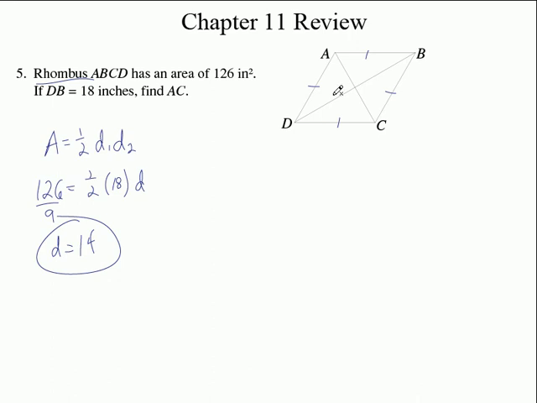It's 1/2 the product of the diagonals as well. Now, a rhombus is still a parallelogram, so you could still go base times height. The only problem with this is I didn't know the base and the height. So if you don't know the base and the height, hopefully they give you something about the diagonals. And they did. They told us the area and one diagonal, so that means you could find the other one as well. Let's go to number 6.